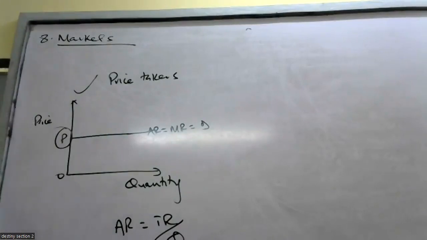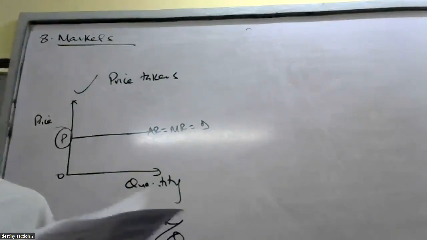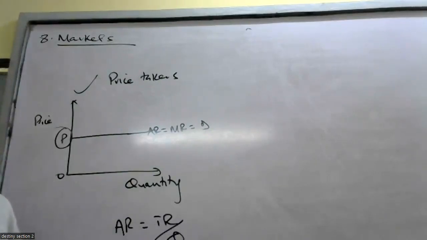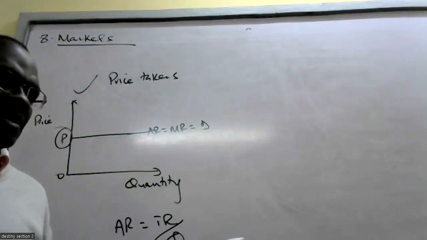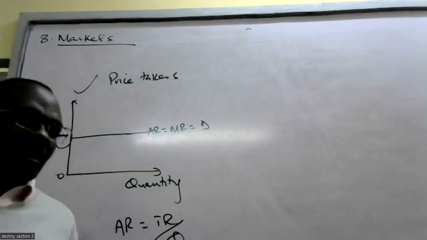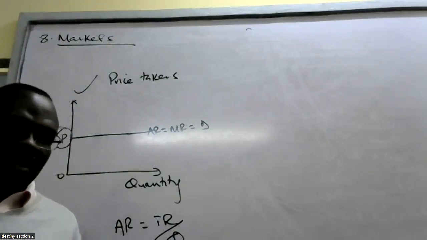Then there is condition number 3. To support the large number of buyers and the large number of sellers, condition number 3 says there's freedom of entry and exit from the industry. There are no barriers. Nobody is stopping you from entering. So there's free entry and exit of firms, i.e. there are no barriers to entry or exit from the industry.